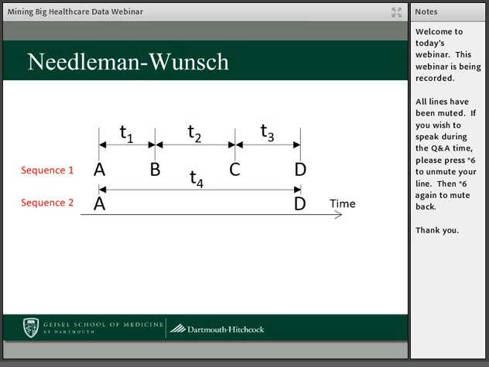This just shows some of the issues when we try to do these alignments. The first sequence has 4 events, A, B, C, and D. These could be different treatments, like surgery, chemotherapy, hormone therapy, and radiation therapy. And there's some amount of time that occurs between them. Then we have a second sequence that is, say, surgery followed by, for D, chemotherapy.